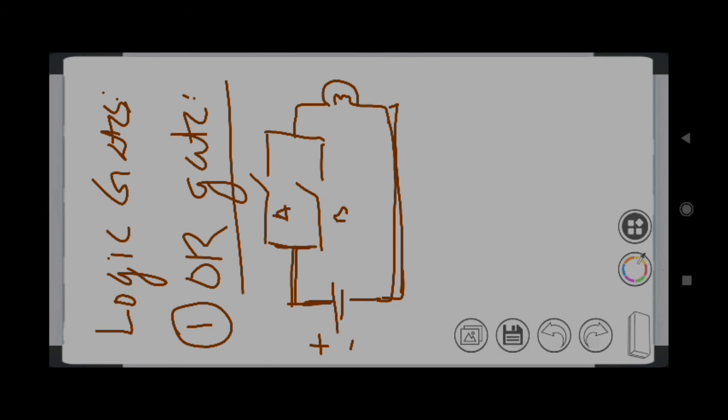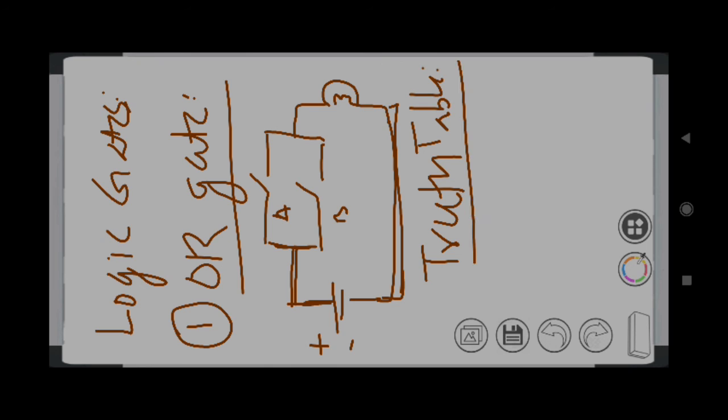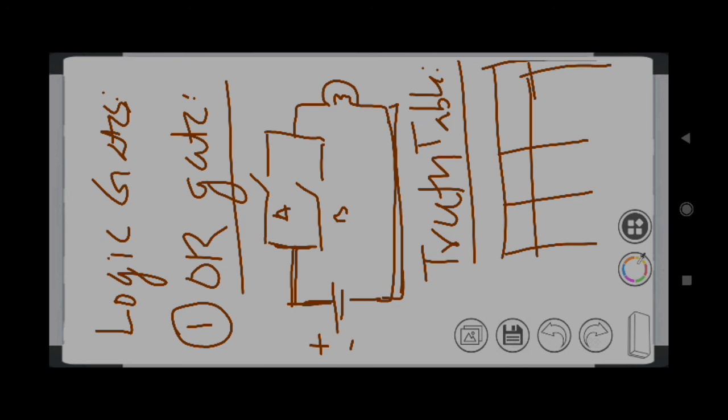I am writing the truth table. These are the inputs, and the last column is the output Y. Say this is A, this is B, this is Y, the output.